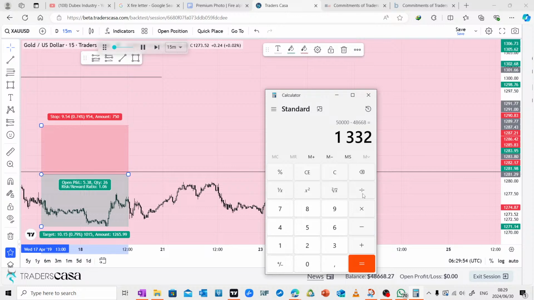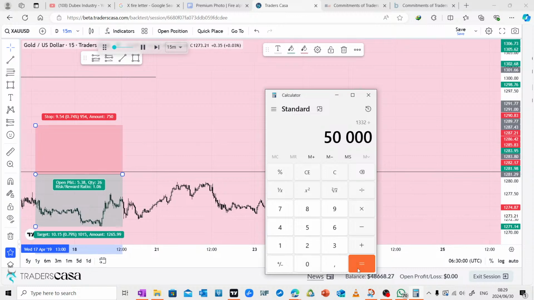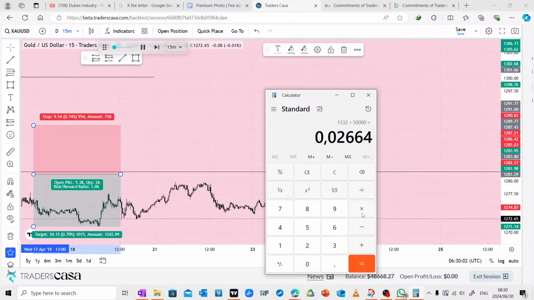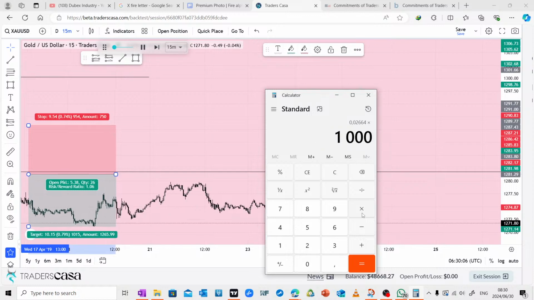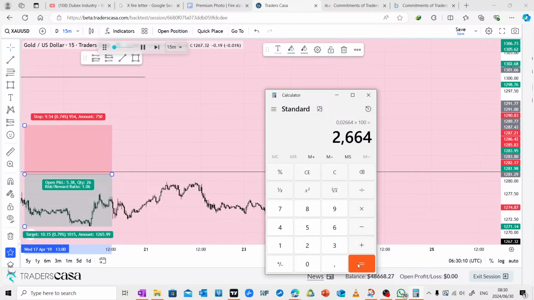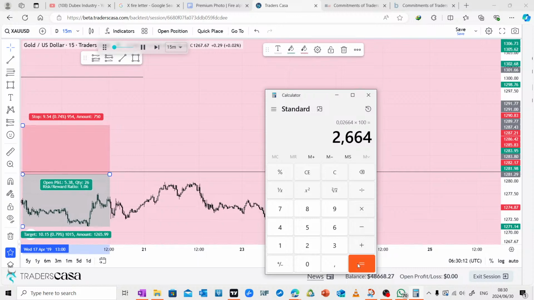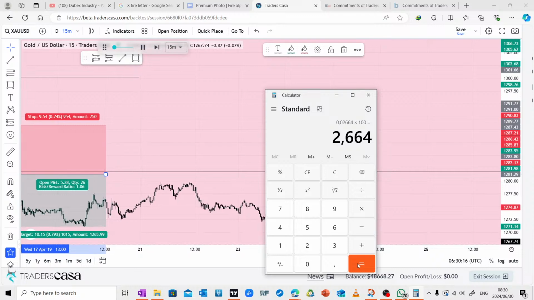That's 1,200 divided by 50,000 times 100. That's a 2.6% loss.